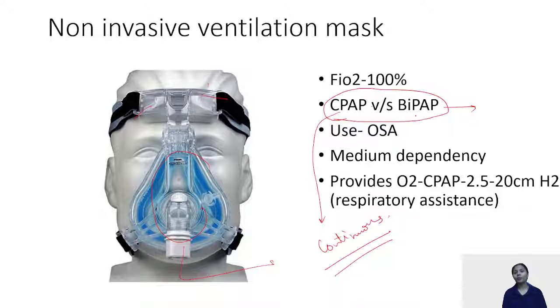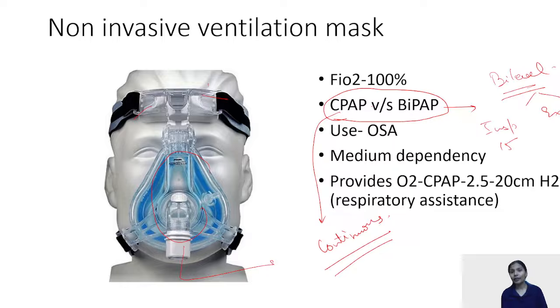Now talking about BiPAP, as the name suggests, it is bi-level positive airway pressure, in which the pressures of inspiration and expiration are different from each other. Inspiration is around 15 and expiration could be around 6, or you can have 12/6, you can have 10/5, depending upon the condition.